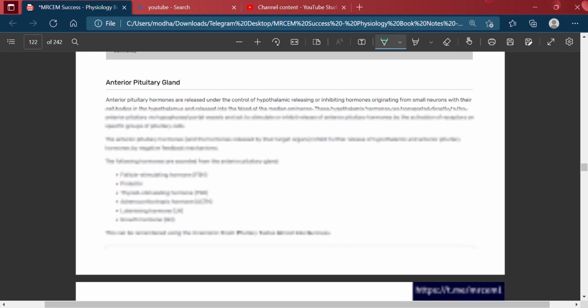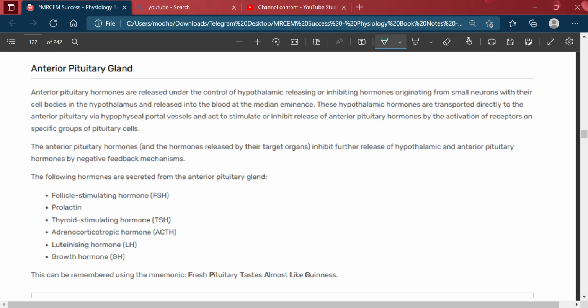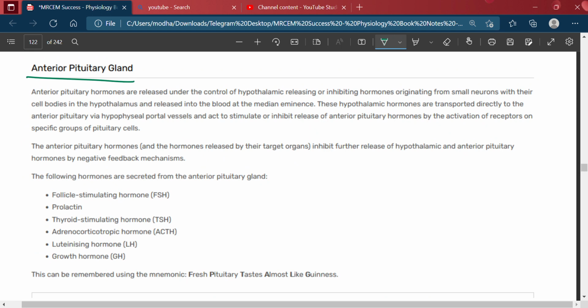So you will see the anterior pituitary. Anterior pituitary hormones are released under the control of hypothalamic releasing or inhibiting hormones from small neurons with their cell bodies in the hypothalamus, and released into the blood at the median eminence.